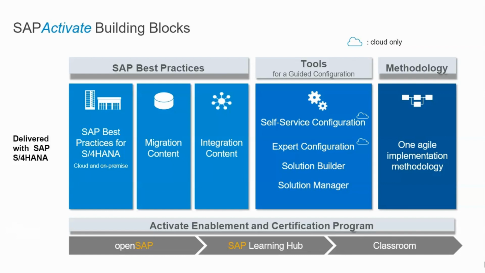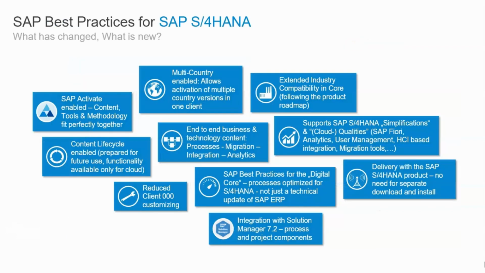Methodology: one agile implementation methodology, which is very much included in the Activate. And the sources for you to get more certification related concepts are OpenSAP, SAP Learning Hub, and Classroom. You can contact me if you have any questions related to accessing the system or learning more about the Activate methodology.